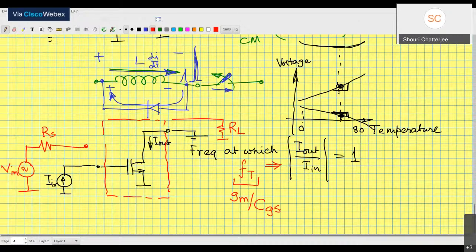I think it was there in one of the assignment questions also. You do this small signal analysis, you will find that it is nothing but GM by CGS, which is omega t, not FT. So you have to convert this with the factor 2 pi.